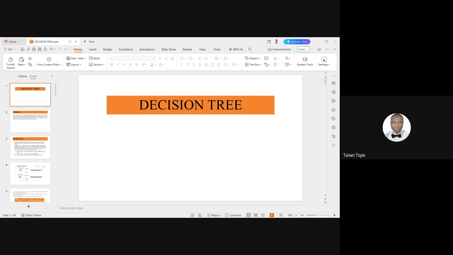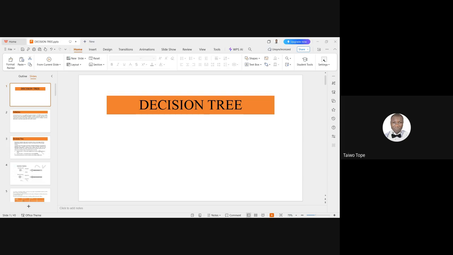So when we talk about decision tree, there are two points we must note. There's what we call the decision node and the chance node. Another word for decision node can be choice points.